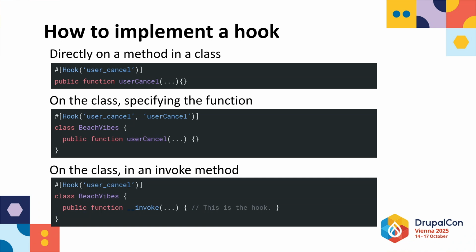Or if you want to have a class that exists solely for implementing that one hook, you can annotate it at the top and add an attribute at the top. And then it will always call the __invoke function. So if you want it very encapsulated and make sure that no one ever uses it for anything else, that's the way.